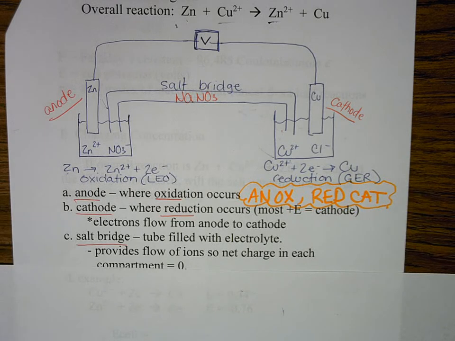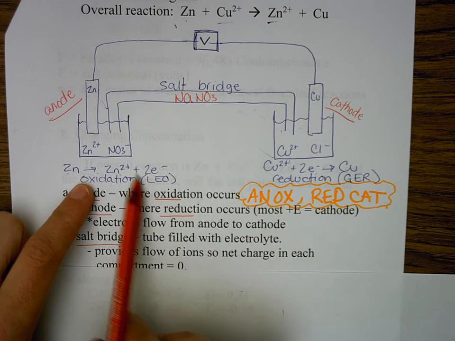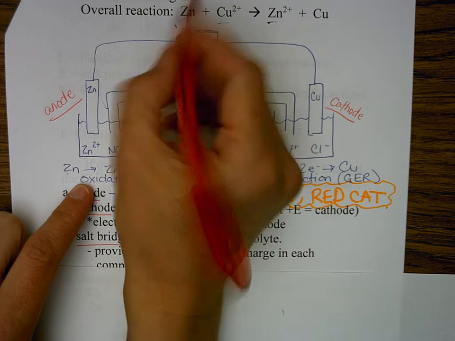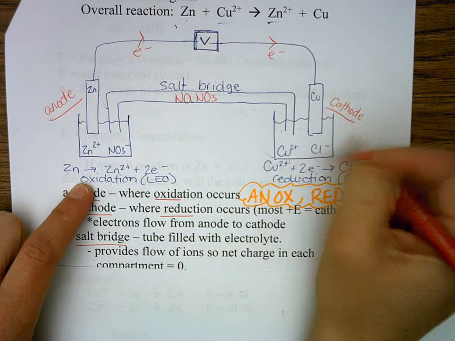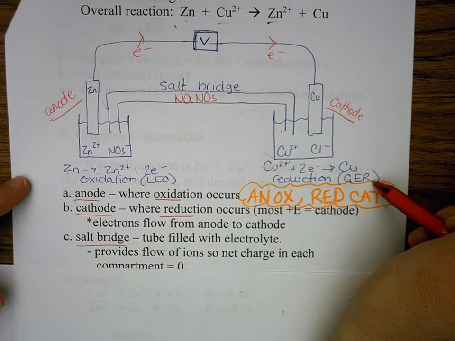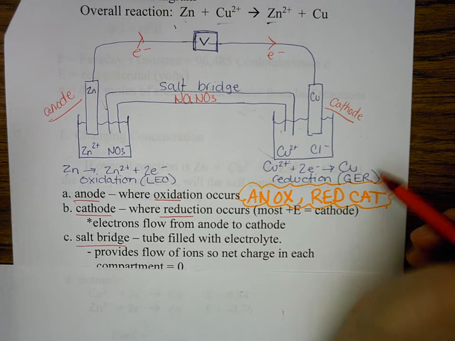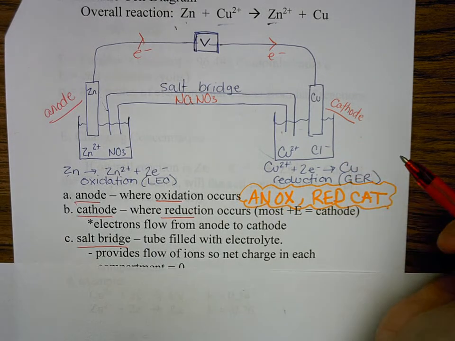Do the electrons go from left to right or from right to left? You should be able to see based on your half reactions that electrons are leaving this side and going towards the copper side. But if they don't give you those half reactions, the electrons always flow from the anode to the cathode.